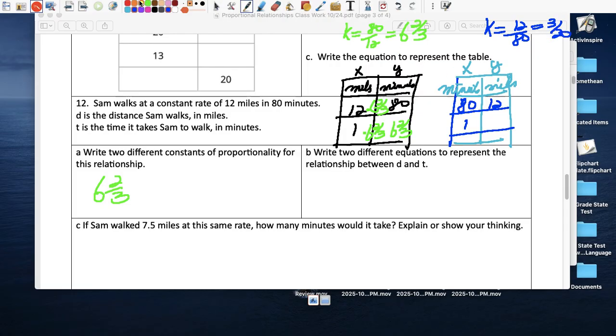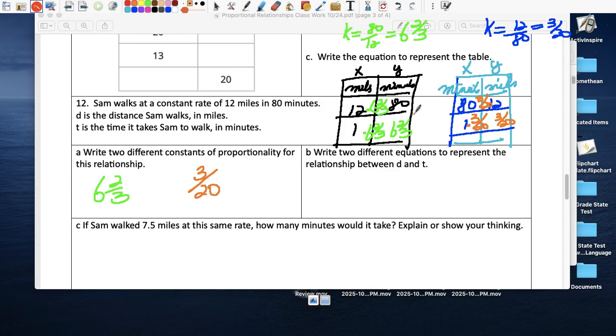Right, so the constant of proportionality in this scenario is 3 over 20. Okay, hopefully you can see that. So I'm multiplying by 3 over 20. So let me write 2. So there's two constants of proportionality, depending on how you set up the table. One is 6 2/3, and the other one is 3 over 20. Okay.